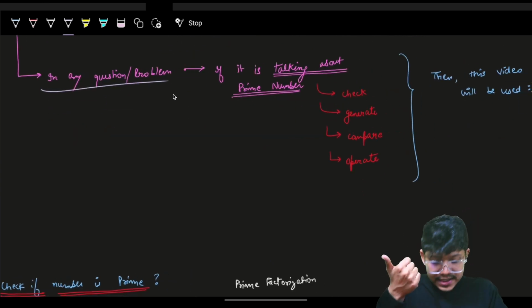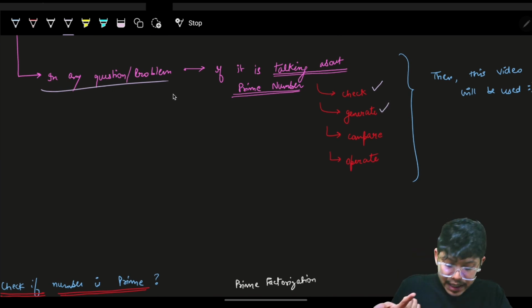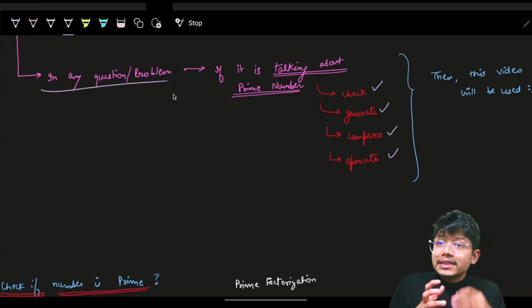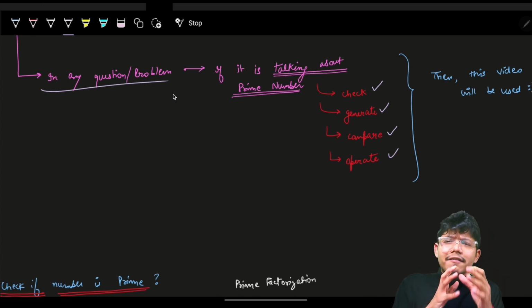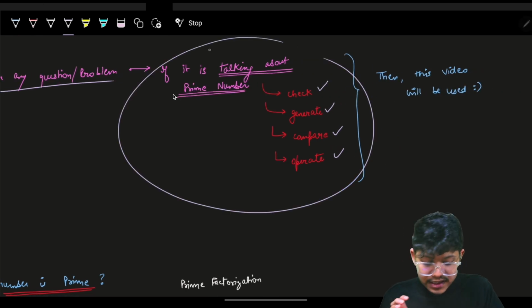If you want to check a prime number, generate prime numbers, compare numbers and tell if they're prime or not, or operate on some prime numbers, like getting the factors and prime factors, we will see all that in this video.